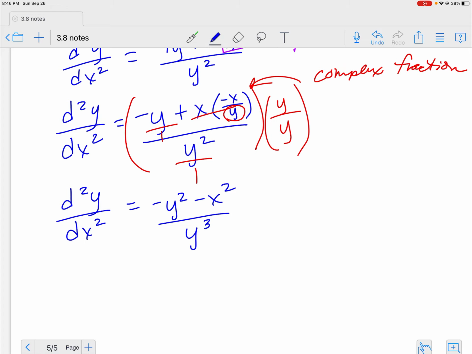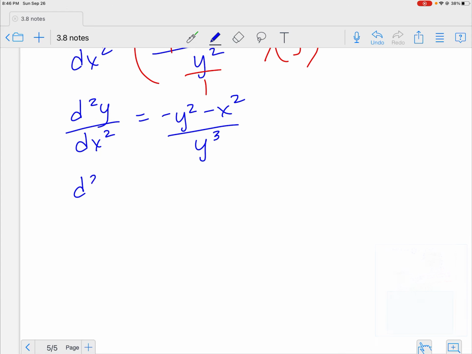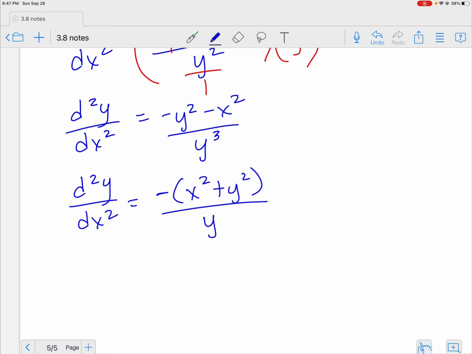Okay? All right. Let's try to clean this up a little bit. How about if we factor a negative out of the numerator? d squared y over dx squared equals negative, x squared plus y squared, over this y cubed.